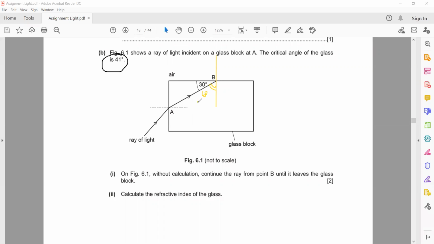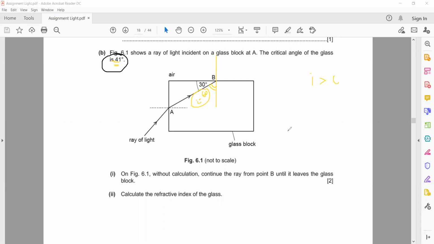If the angle of incidence is 60 and the critical angle is 41, what will we observe? Will it refract or undergo total internal reflection? The angle of incidence is 60 and the critical angle is 41, so the angle of incidence is more than the critical angle.